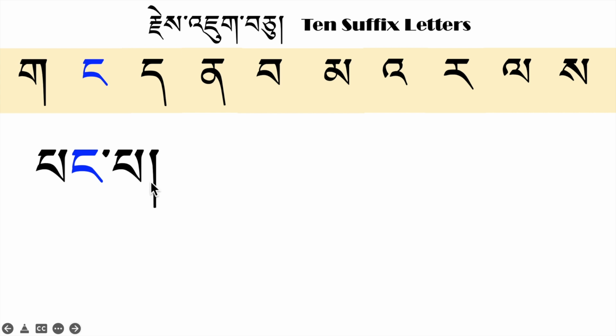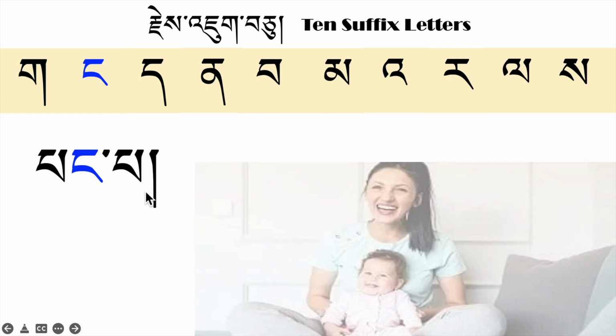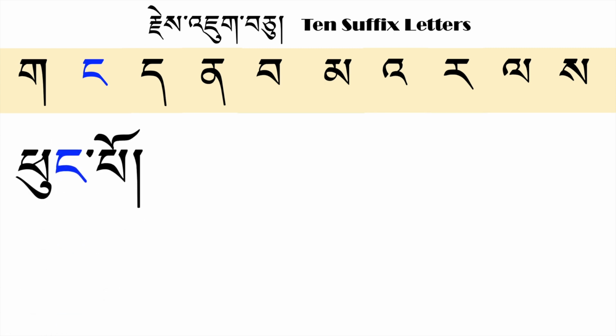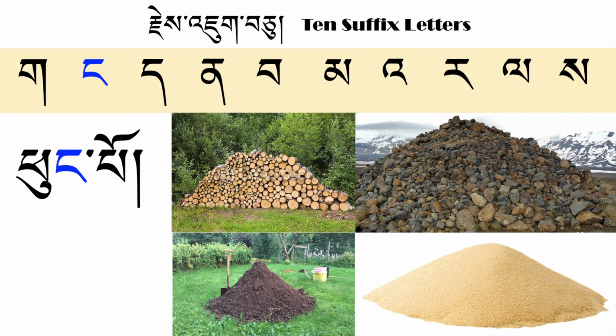Pangpa means, as you can see here, a baby who loves to sit on the mother's lap. Next one, pa shabju pung, nga, pung, pa, naru po: pungpo. Pungpo means a pile. A pile of wood, stone, soil, sand: anything piled up is called pungpo.